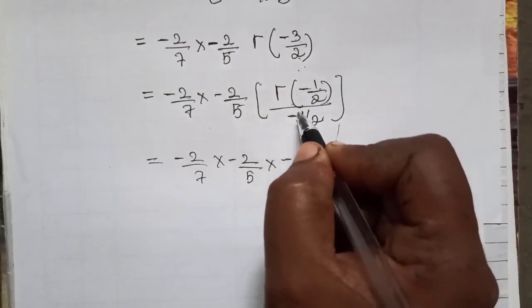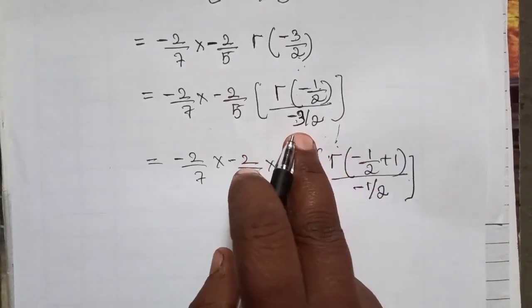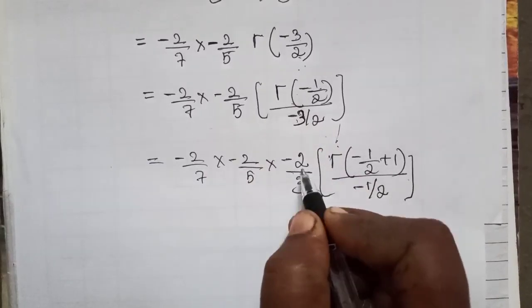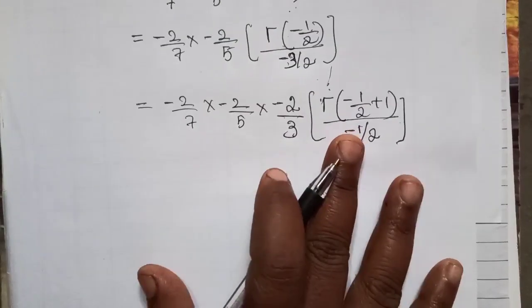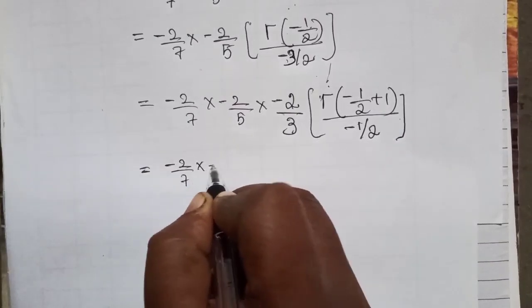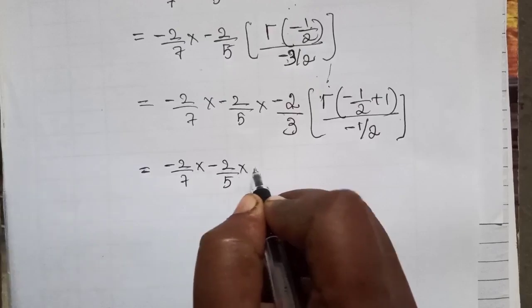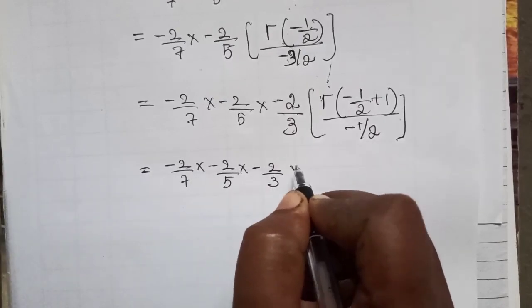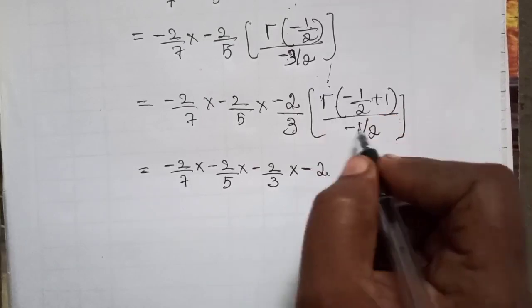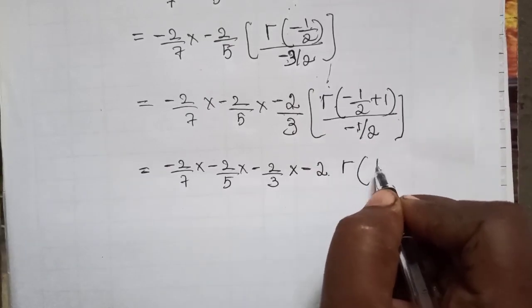Sorry, the n value is minus 3 by 2, so this becomes 2 by 3. So now this can be written as minus 2 by 7 into minus 2 by 5 into minus 2 by 3. On simplifying we get gamma of 1 by 2.